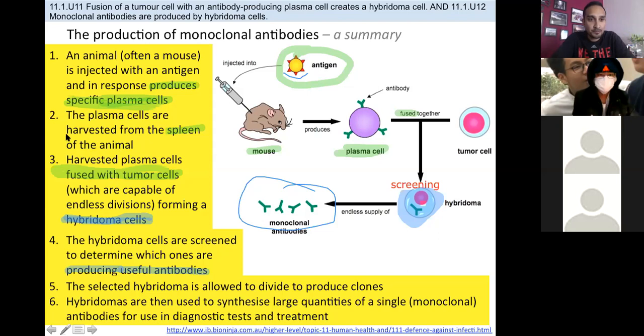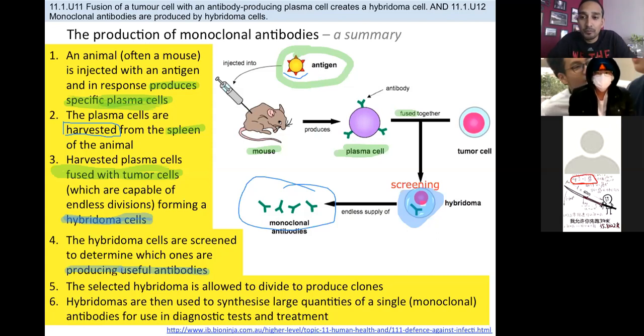Harvested means to remove. So you actually take out a huge sample of white blood cells from the spleen of the mouse. Then you add them to a dish with the tumor cells, force them to fuse together. Then you look for the ones that you're interested in.